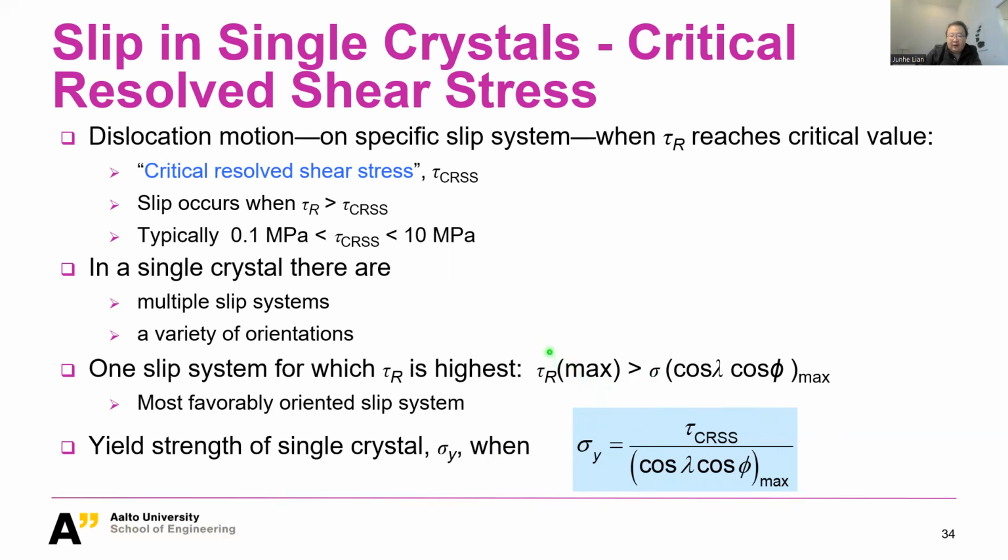This equation and the equation above are the two forms of Schmidt's law, and you can use them in different directions to either calculate the shear stress on a specific slip system, or calculate the required yield strength in your global tensile direction.